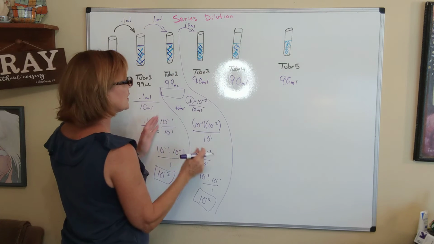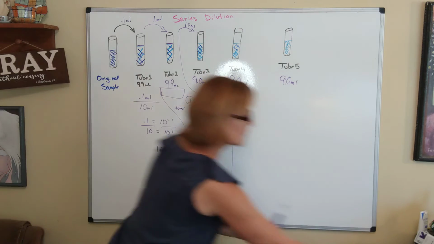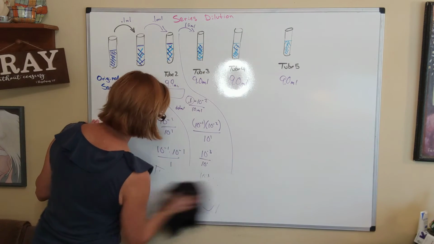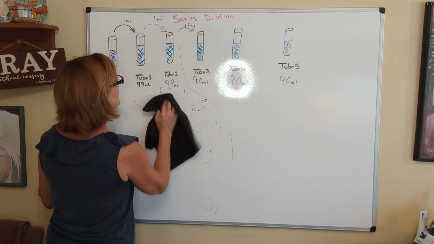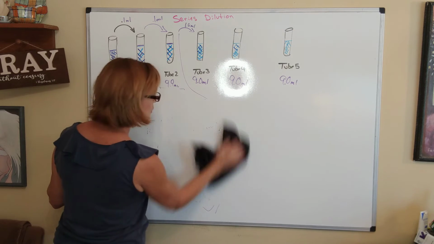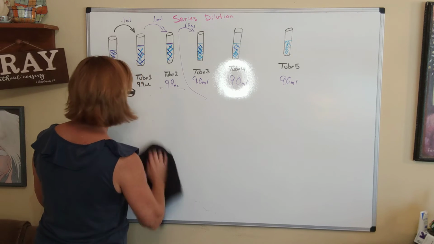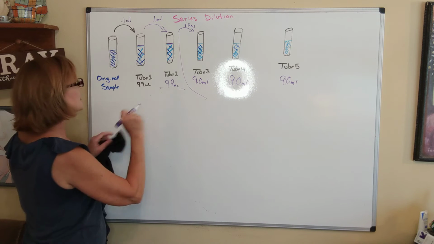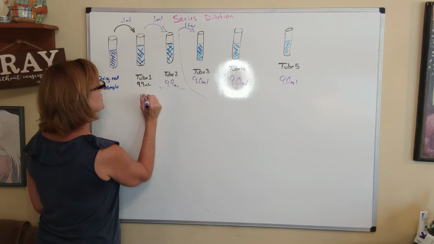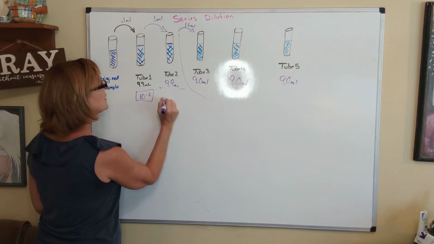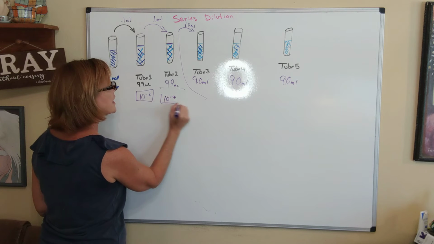All right, when we put that in, let's do test tube 3. I'm going to make more room. So this is how they get these numbers. When you see this all worked out, if you're curious how they did the math for it, this is how it goes. This is going to be 10 to the negative 2 is what this one ended up being. 10 to the negative 4 is what that one ended up being.